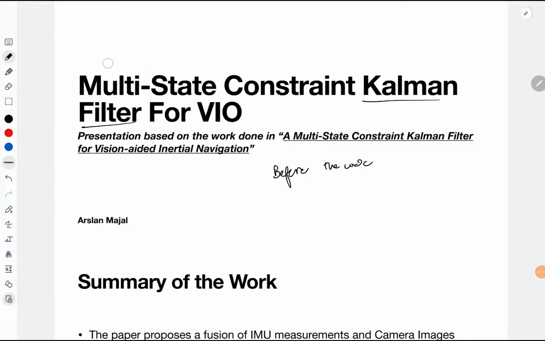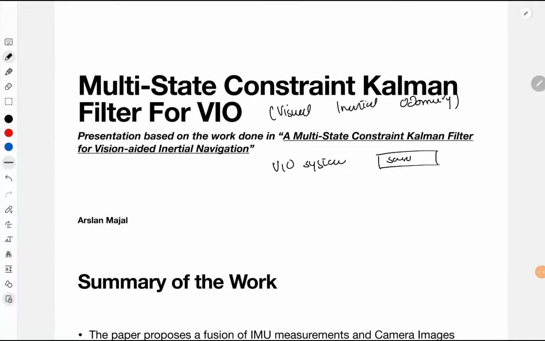So before we get into the multi-state constraint Kalman filter, it's important that we actually know which parts of the visual inertial odometry pipeline the MSCKF actually tackles. So in a usual VIO system, you would have sensor data which would go into some vision algorithm.